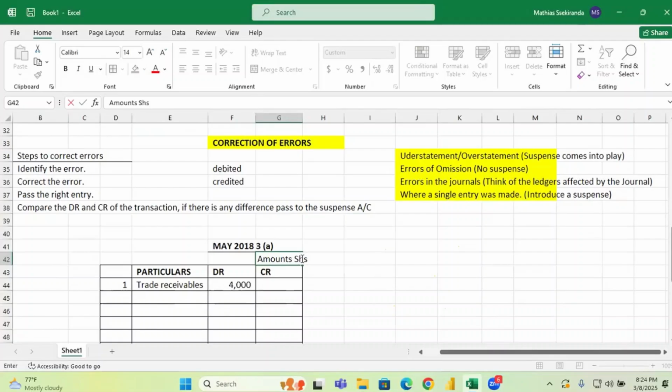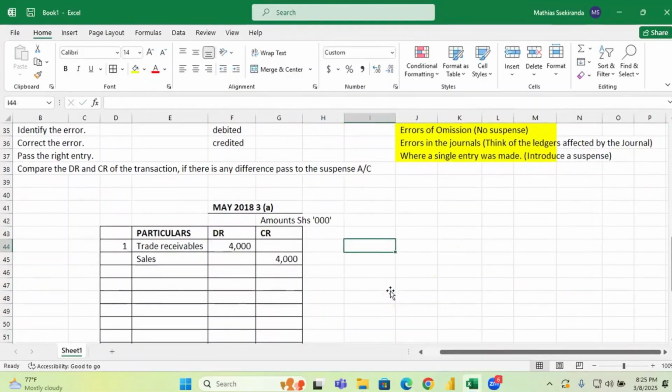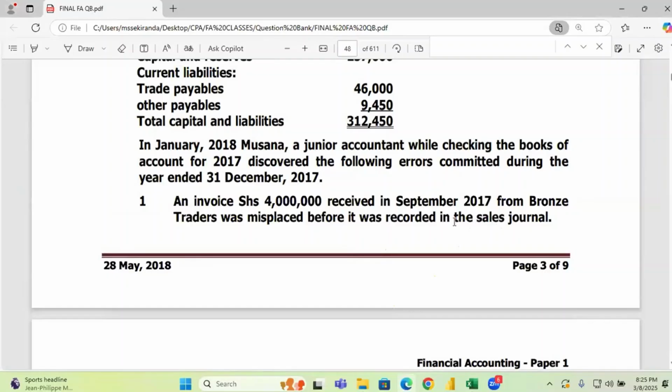So this simply means also our receivables are understated by 4 million, so increase them by 4 million. And at the same time, our sales are understated by 4 million, increase them by 4 million. Sales increase by crediting. Receivables increase by debiting, okay? It is as a result of understating the sales journal. Automatically, the ledgers that are affected by the sales journal are also automatically understated because of the omission of the 4 million, okay?